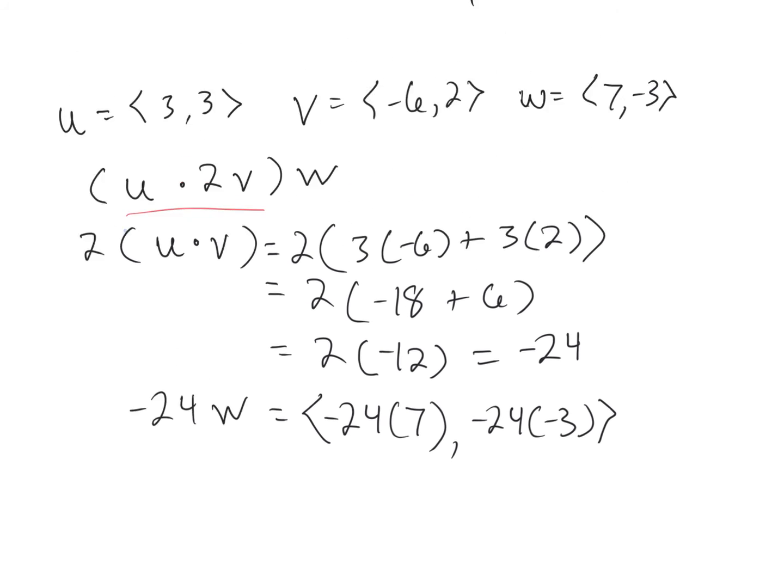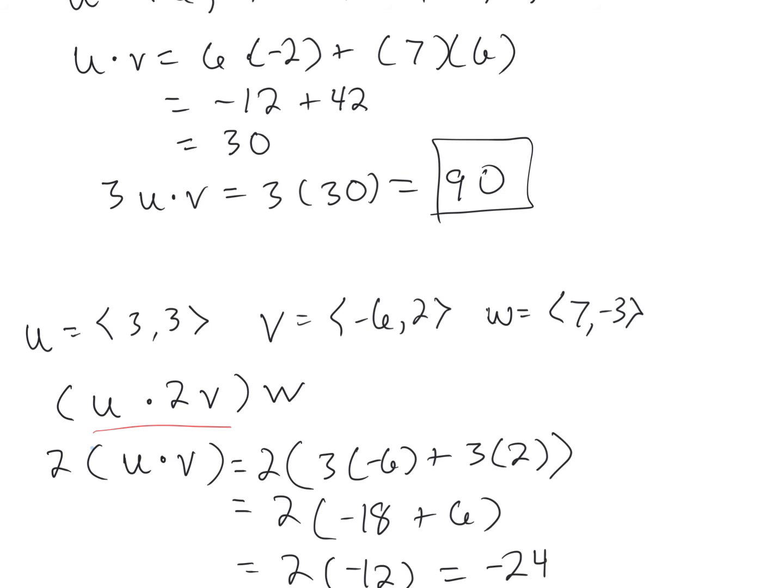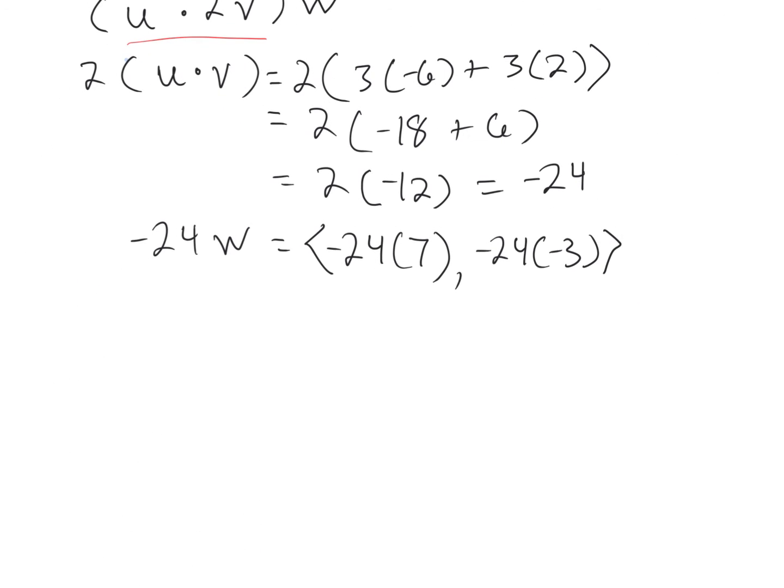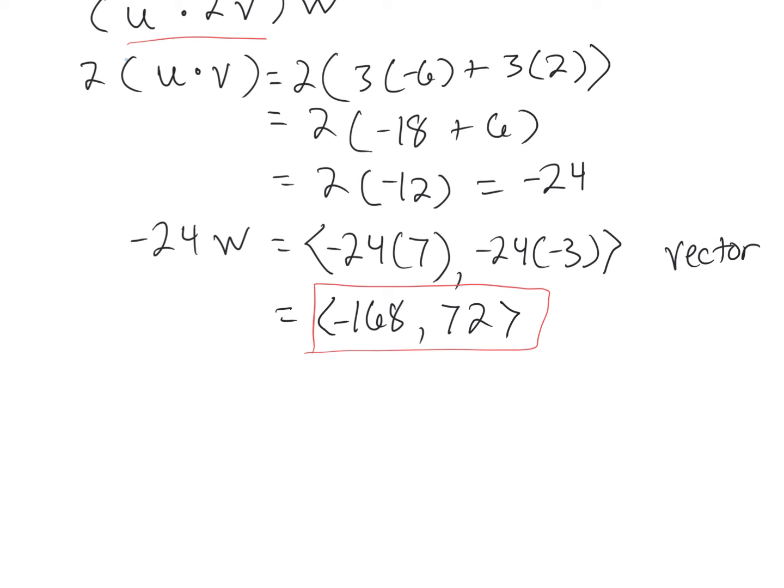So back up here, our answer was a scalar. Whereas if we end up with components, we end up with a vector answer. So our answer here is actually a vector. -24 times 7 is -168, and -24 times -3 is positive 72. So we end up with this vector as our answer.